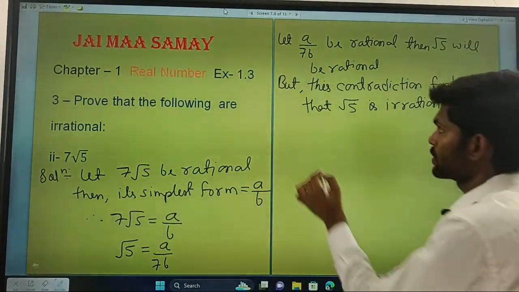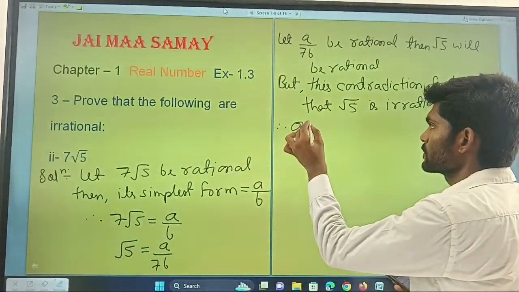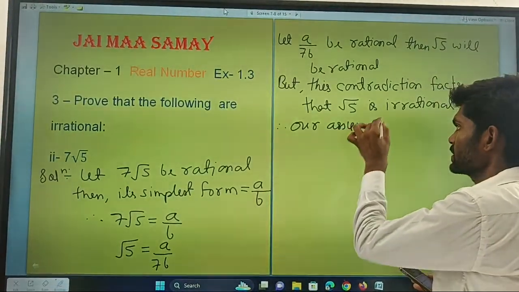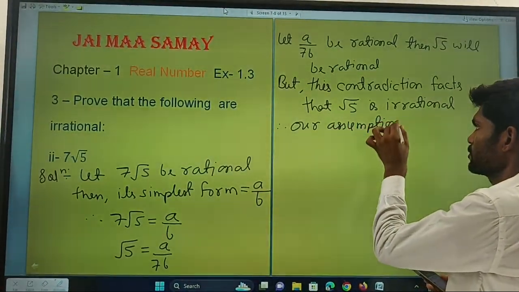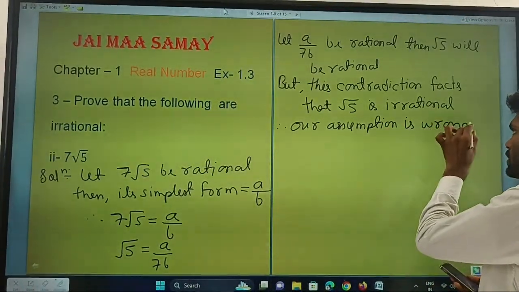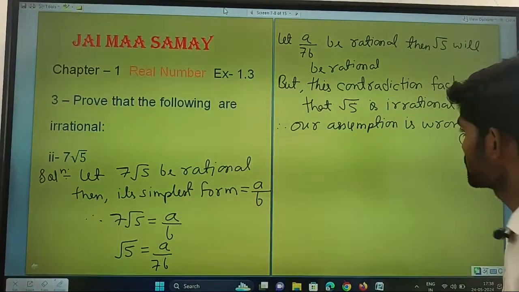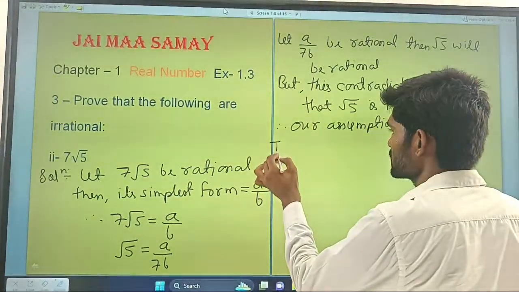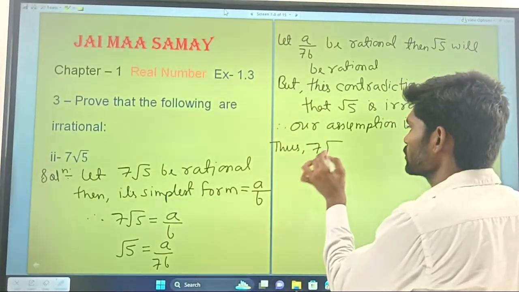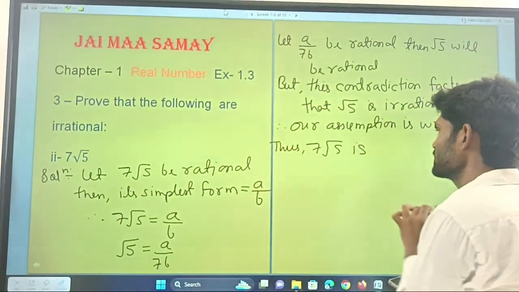Clear? Therefore our assumption is wrong. Okay, thus what is your question? 7 under root 5 is irrational.